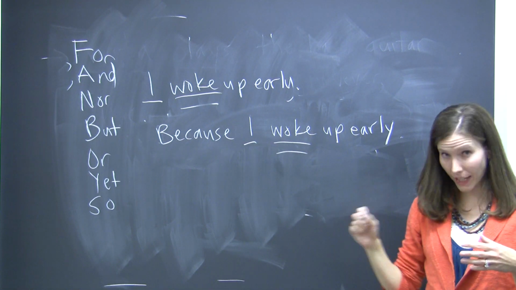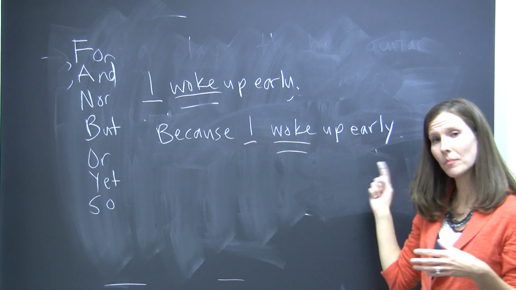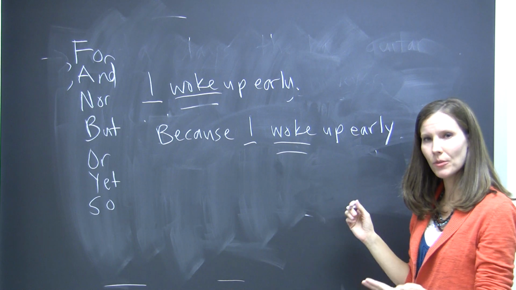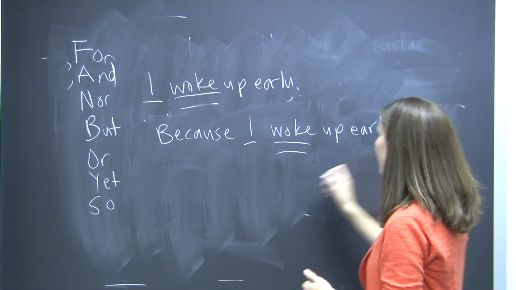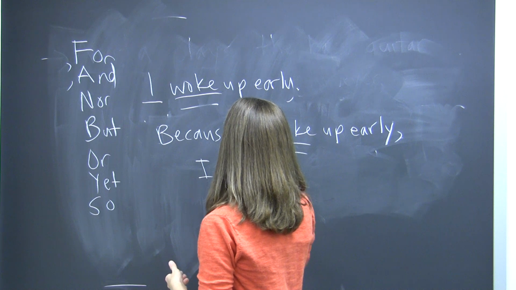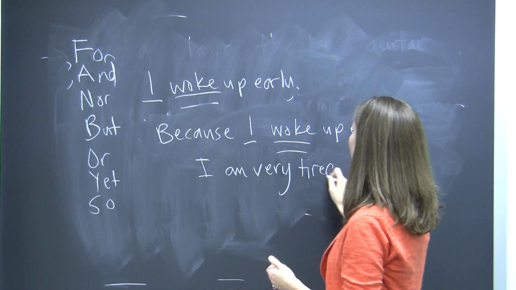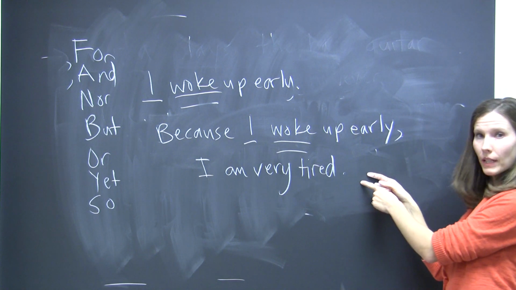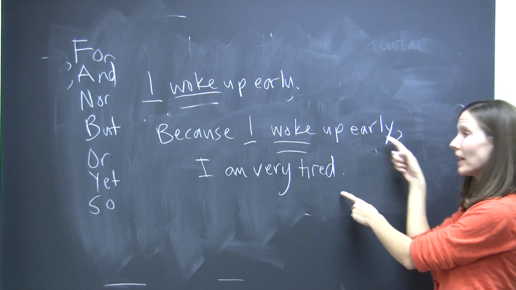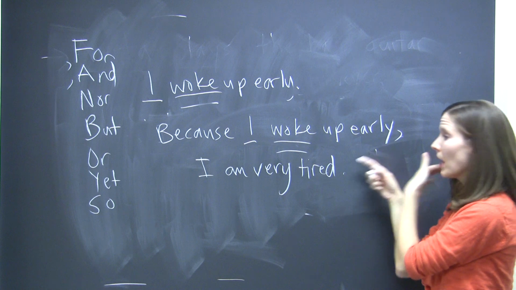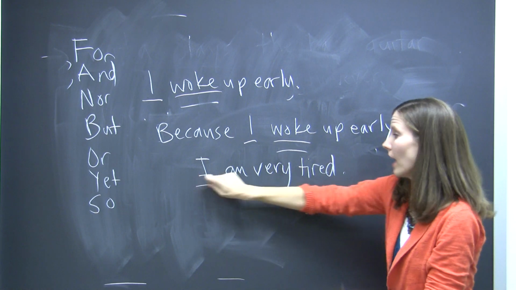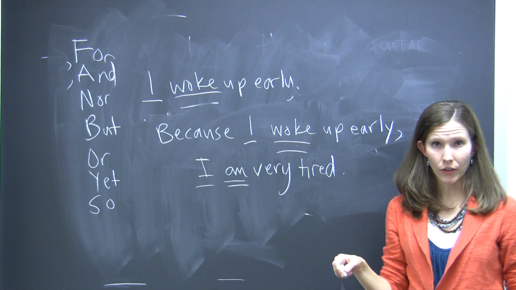A complex sentence is made up of a dependent clause and an independent clause. Now I have a complex sentence because I have this dependent clause, because I woke up early, and this independent clause, I am very tired.